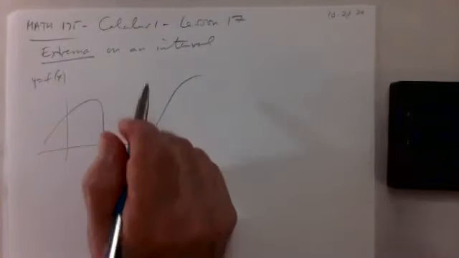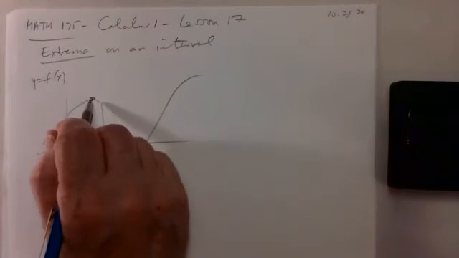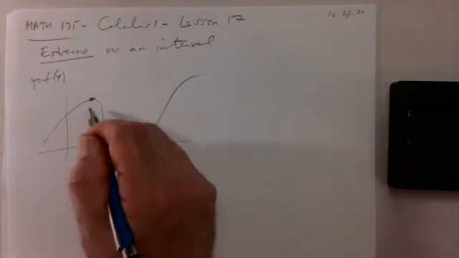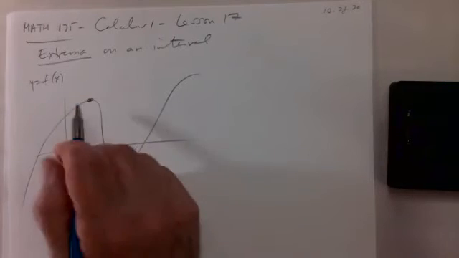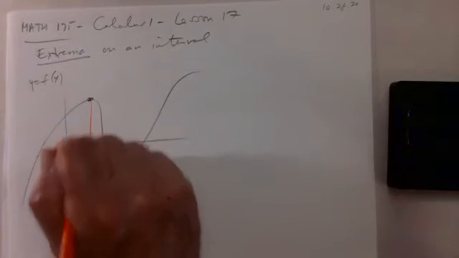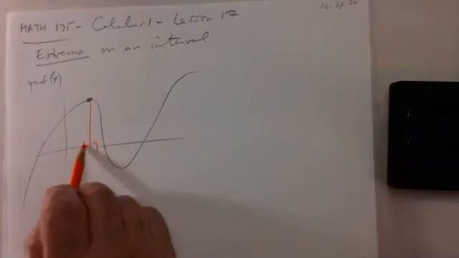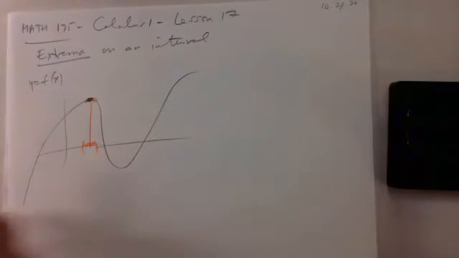At this point, the function is not the biggest it is anywhere, because it's bigger over here, but in some little interval around this point, the function is bigger here than it is anywhere else.